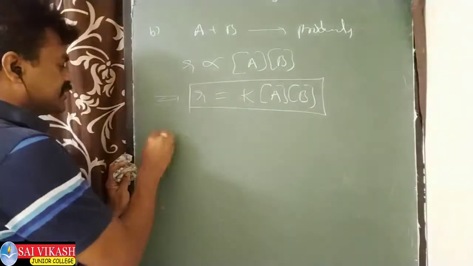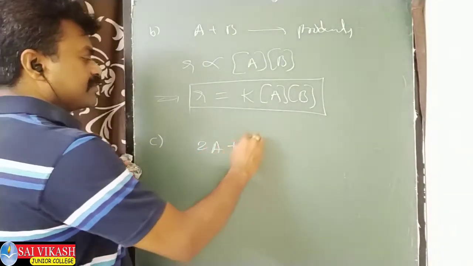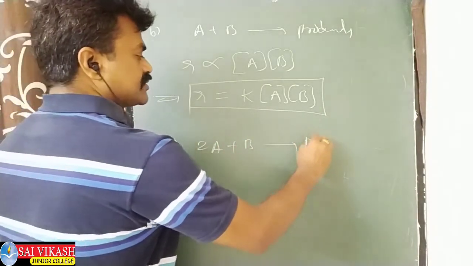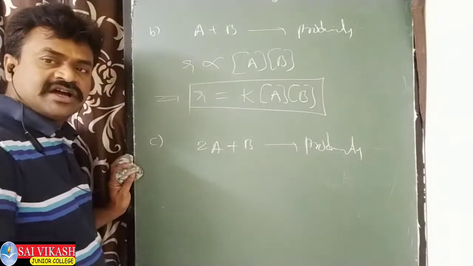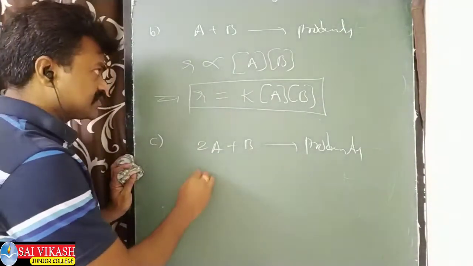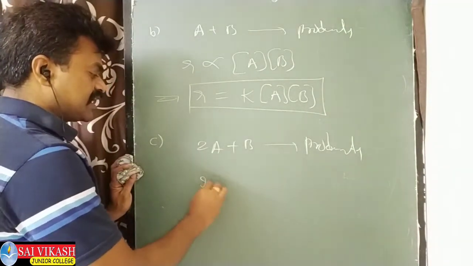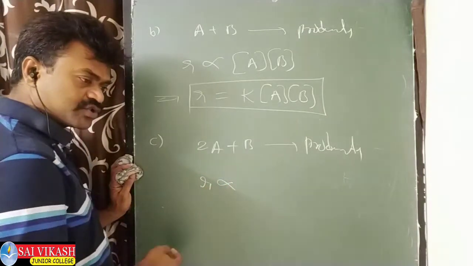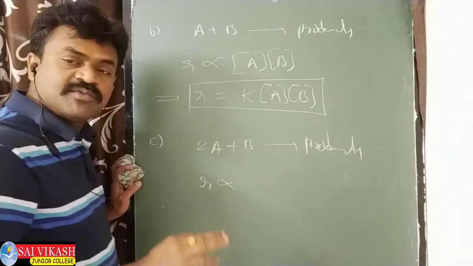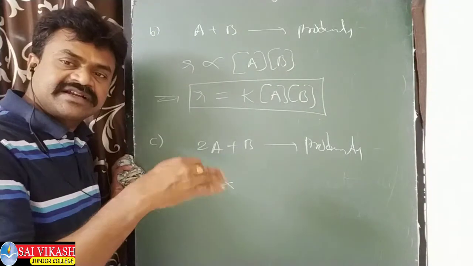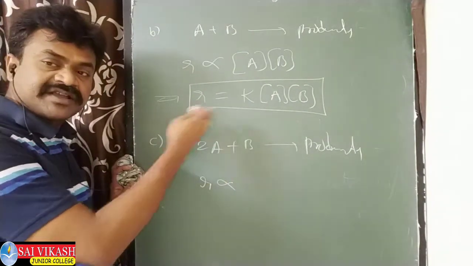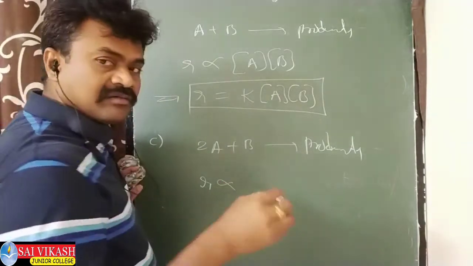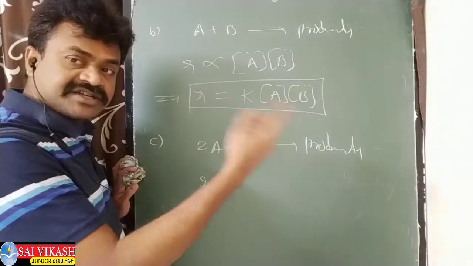I'm giving another example. See, suppose 2A plus B gives products is given. How do you write the rate law for this? In this case, the rate is directly proportional to the product of the molar concentrations of the reactants raised to their powers. Means the coefficients are raised into their powers.